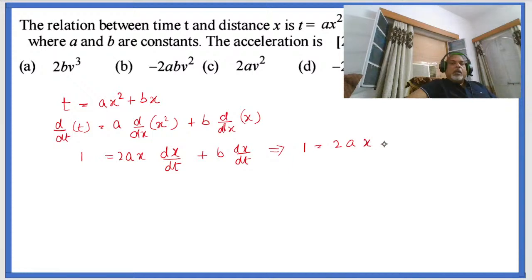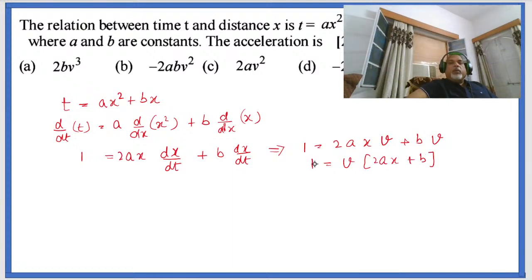or this can be written as 1 is equal to 2ax. What is dx upon dt? That is v, plus bv. That means this is nothing but v times 2ax plus b.